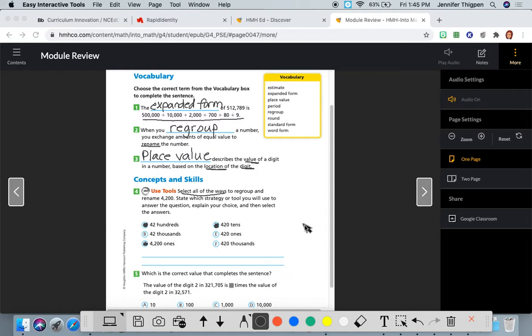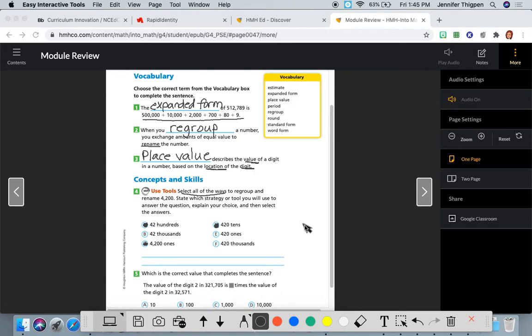Now let's look at number 5. Which is the correct value that completes the sentence? The value of the digit 2, so find your 2 in this number, 321,705 is blank times the value of the digit 2 in 32,571. Now, the other day when we talked about this was another one of those charts that I showed you.